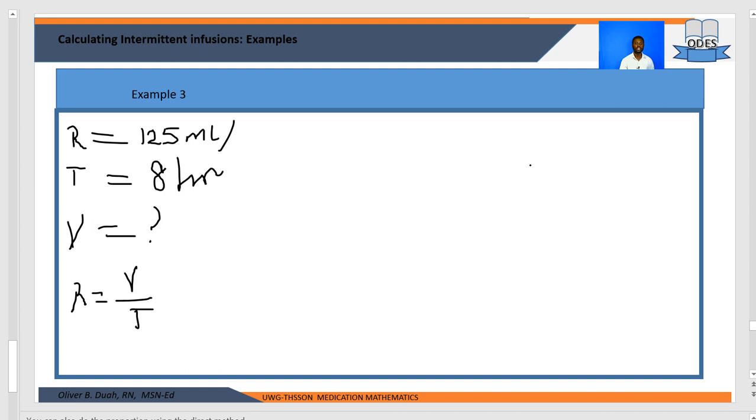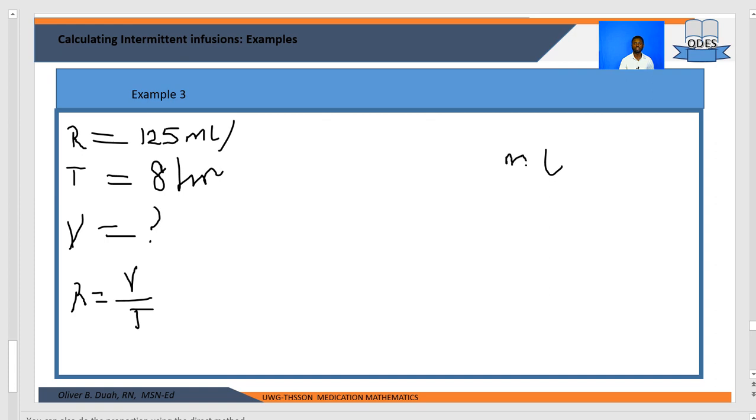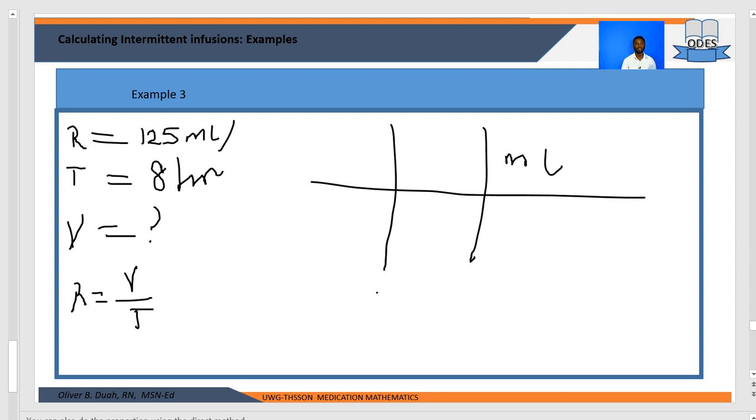The final answer we want is ml or milliliters. So let's do our tracks. Okay.